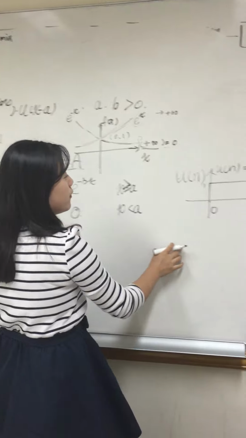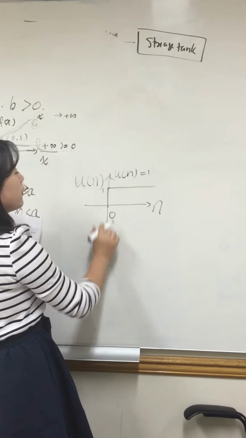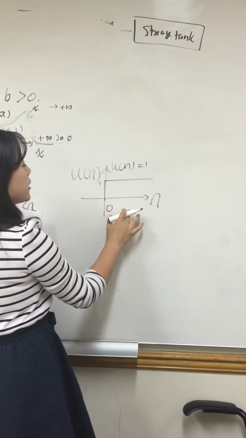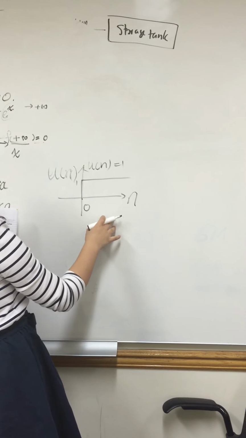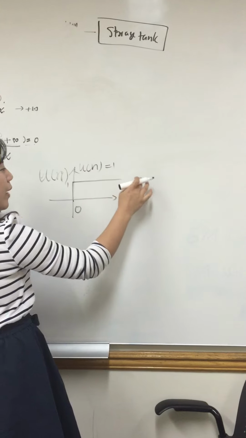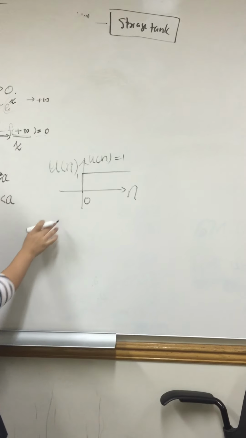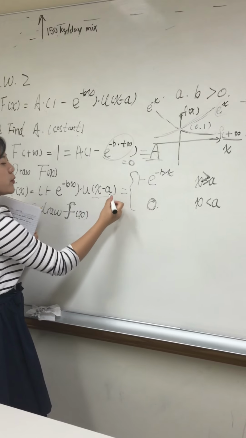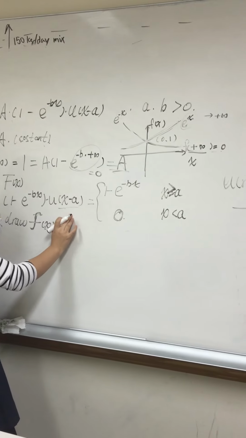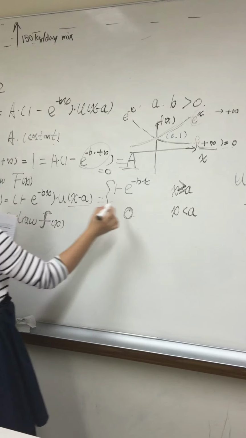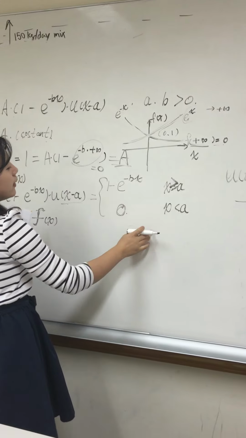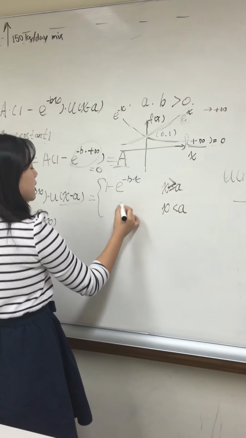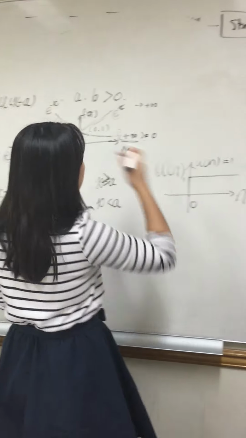From the step function, we know that if x is greater than 0, the function equals 1, and otherwise the function equals 0. So if x is greater than or equal to a, this function equals 1 minus e to the minus bx. If x is smaller than a, it equals 0.